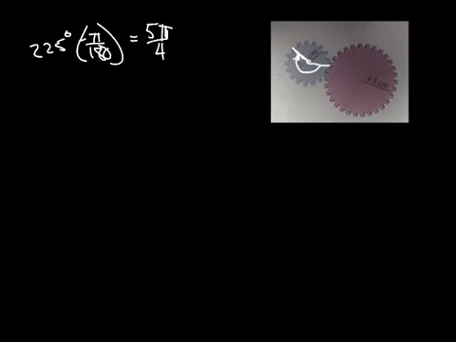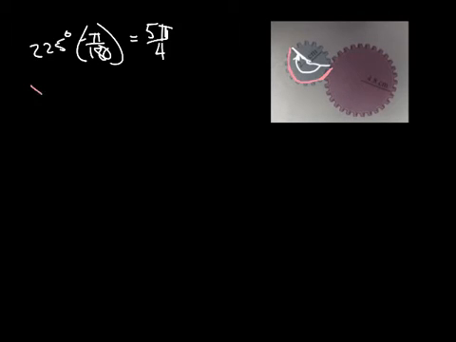So there's my radians. So what we're going to do is we're going to try to find the arc length of the smaller gear. We're going to find this S right here.